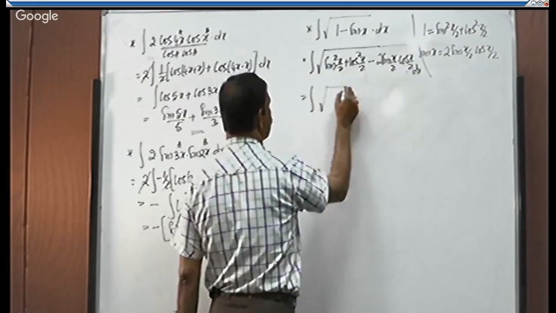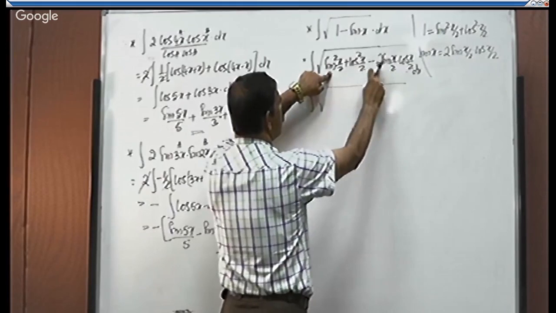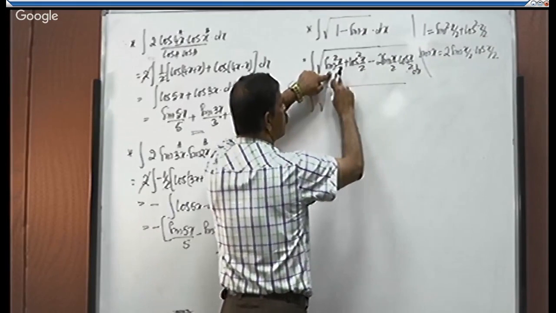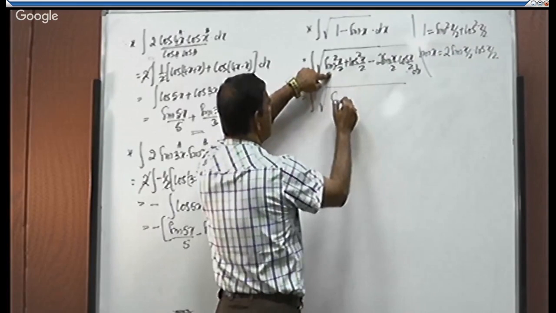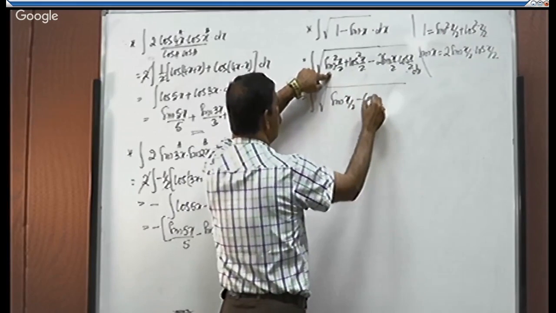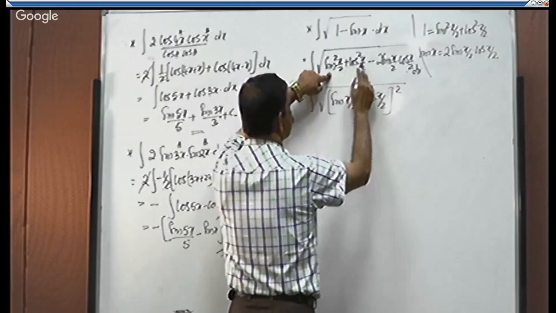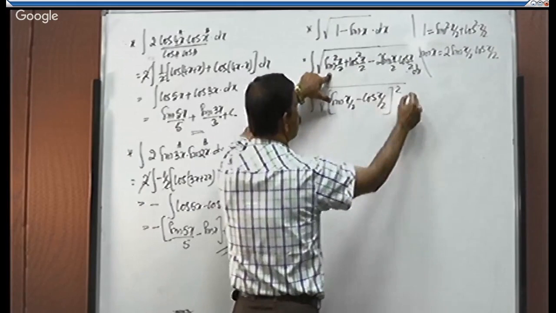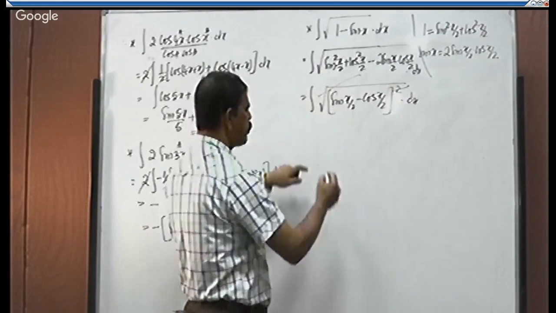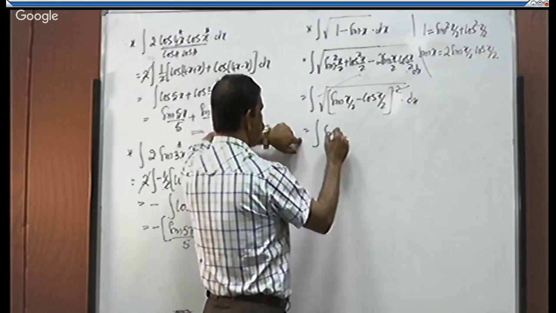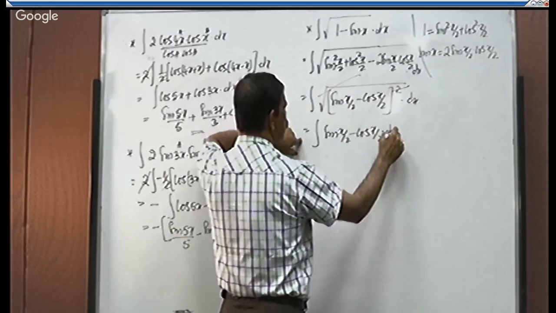Observe the bracket. The bracket is of the form a square plus b square minus 2ab. It is a minus b whole square. Is it right? A square plus b square minus 2ab is a minus b whole square. This square and root get cancelled. What is remaining is sin x by 2 minus cos x by 2. You can integrate this.